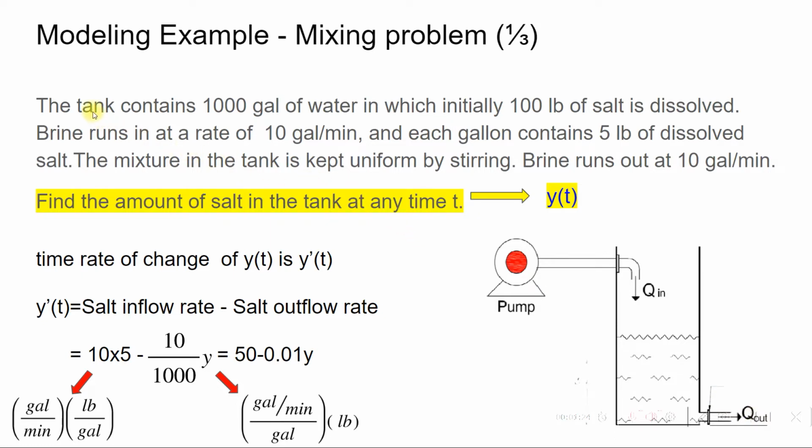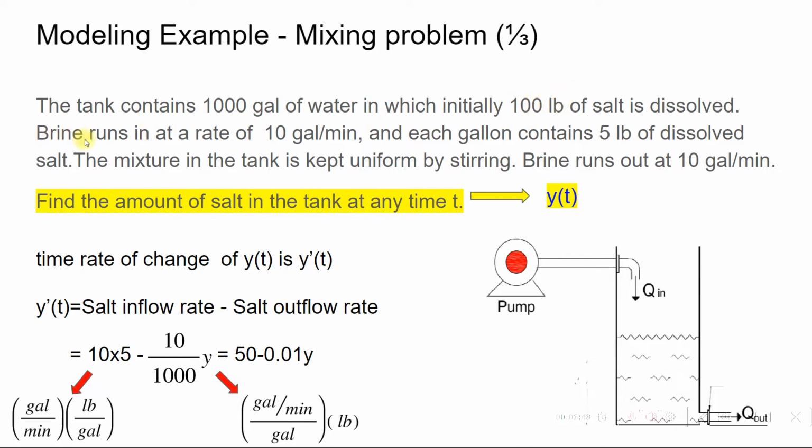So according to the question, the tank contains 1,000 gallons of water in which initially 100 pounds of salt is dissolved. So we can calculate that the concentration of the water in the tank initially is 0.1 pound per gallon.